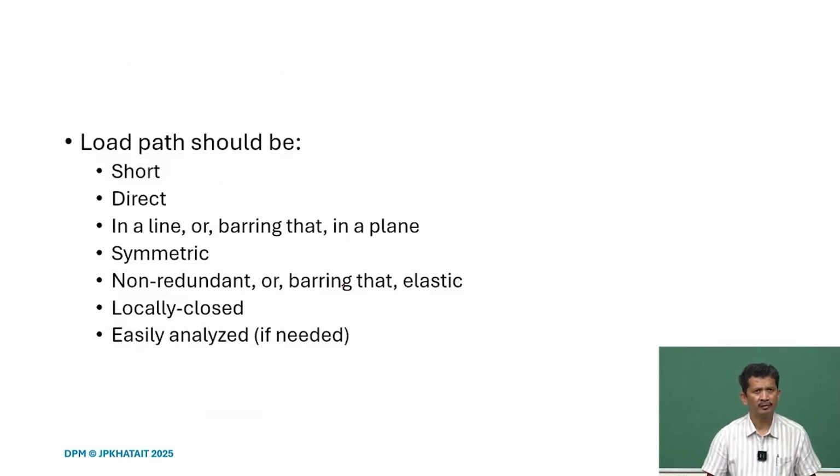So, general rule of thumb, and of course, it's coming from experienced designers who are building machines, and some are very intuitive. Short, yes, it has to be short, because otherwise if it's long, then many components will come in the way and we have to check their safety, their failure.